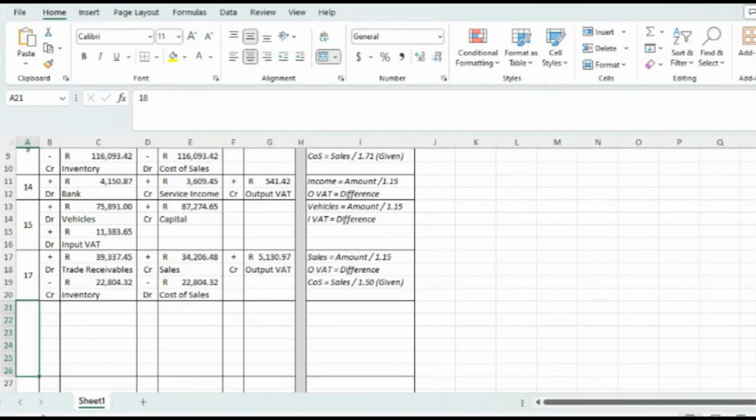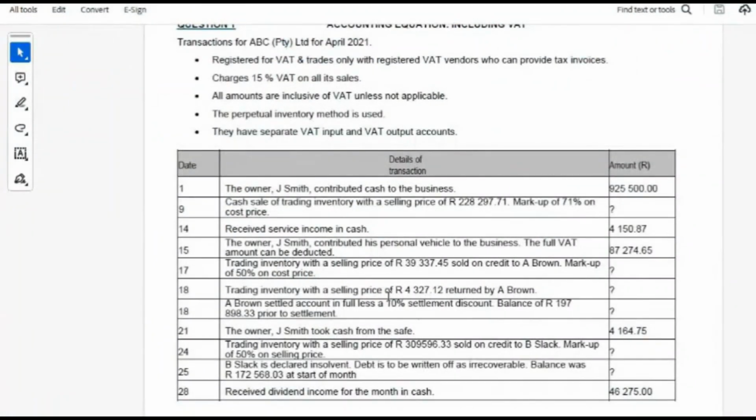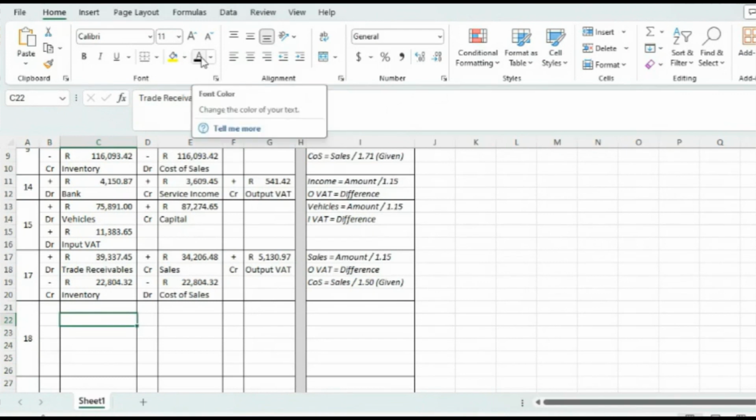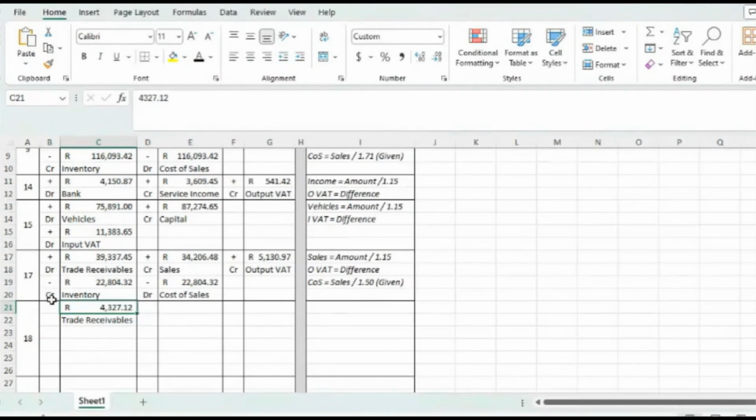Let's have a look at the transaction. Trading inventory with a selling price of 4,327 and 12 cents is returned by A. Brown. It's on the 18th. Okay. It is trade receivables that is going to decrease with the amount given, and therefore it is going to be credited.